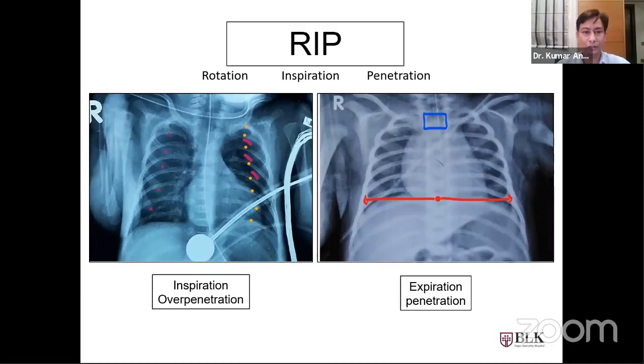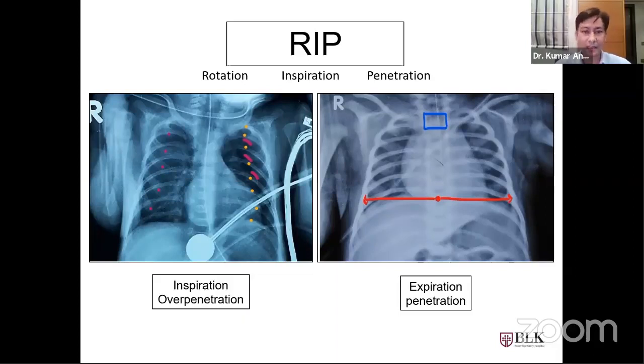To differentiate whether the X-ray is rotated or not, you have to look at the vertebra and the distance from the vertebra to both clavicles. It should be central. Or you can draw a line over the spinous process of the vertebra and calculate the distance from this midline to either the outer or the inner layer of the rib cage. If the distance is similar, that means rotation is not there.